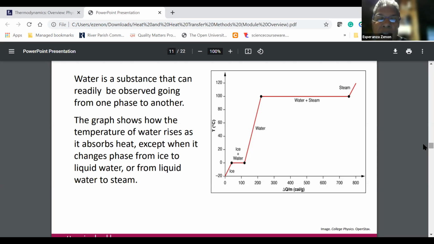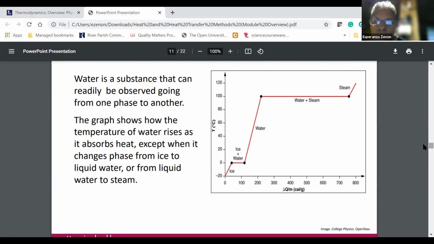Well, remember, 0 degrees Celsius is the freezing point for water. So you would have to pause the temperature and keep it fixed at 0 degrees Celsius while all of that ice turns to liquid.